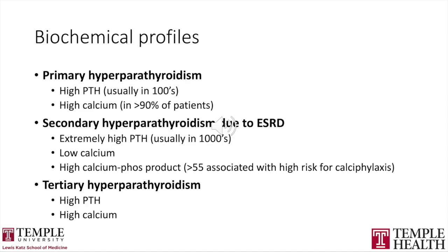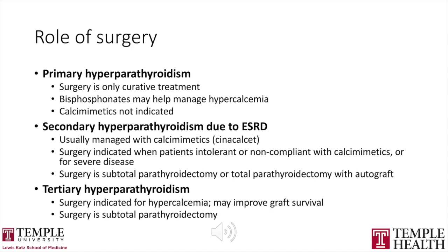Here are the different biochemical profiles for those three types of disease as well. And this slide summarizes the role of surgery in the management of each of these diseases.